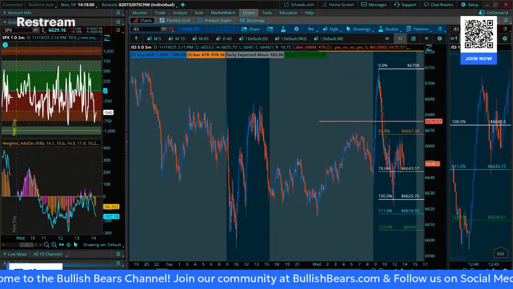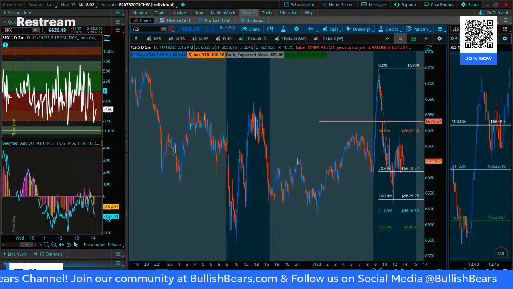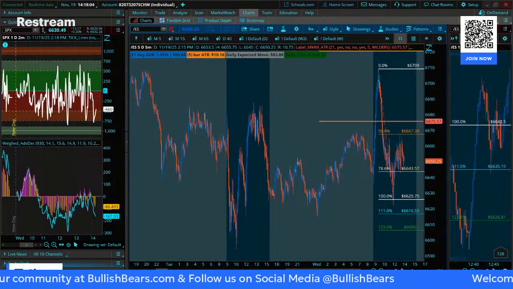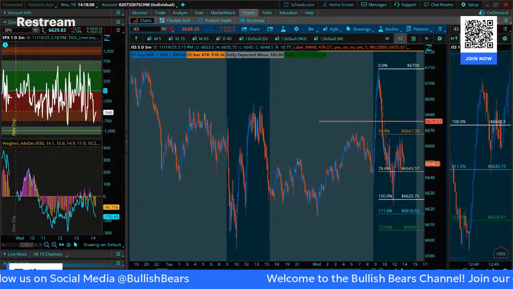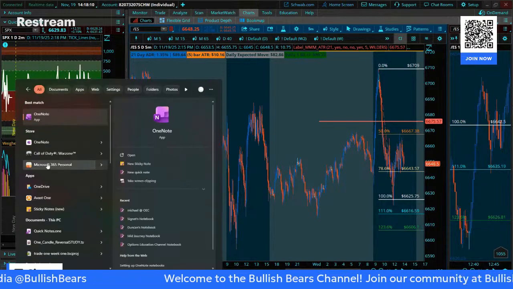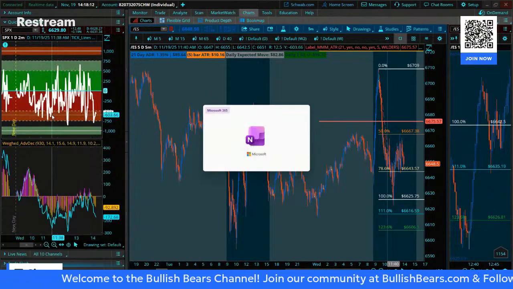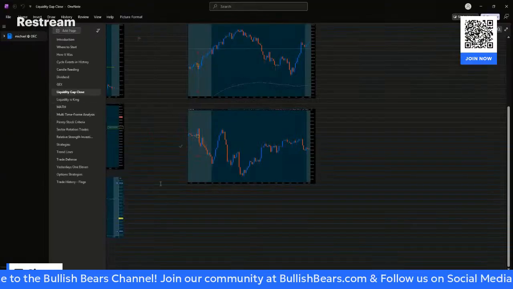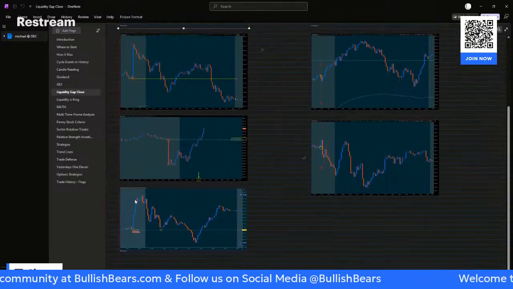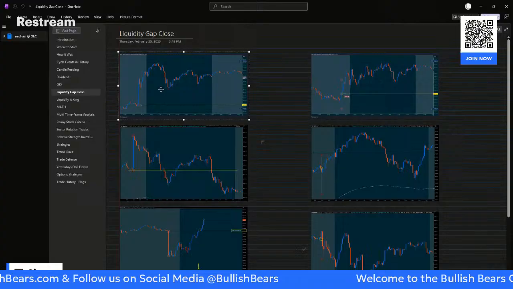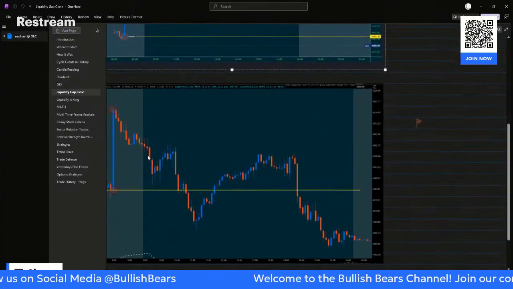So liquidity gaps are not actually a gap at all, and it's a little tricky because of that. And I've got examples of this the same way as I have examples of yesterday's 111 and 1236. One, because I think showing the examples makes it easier for people to understand.